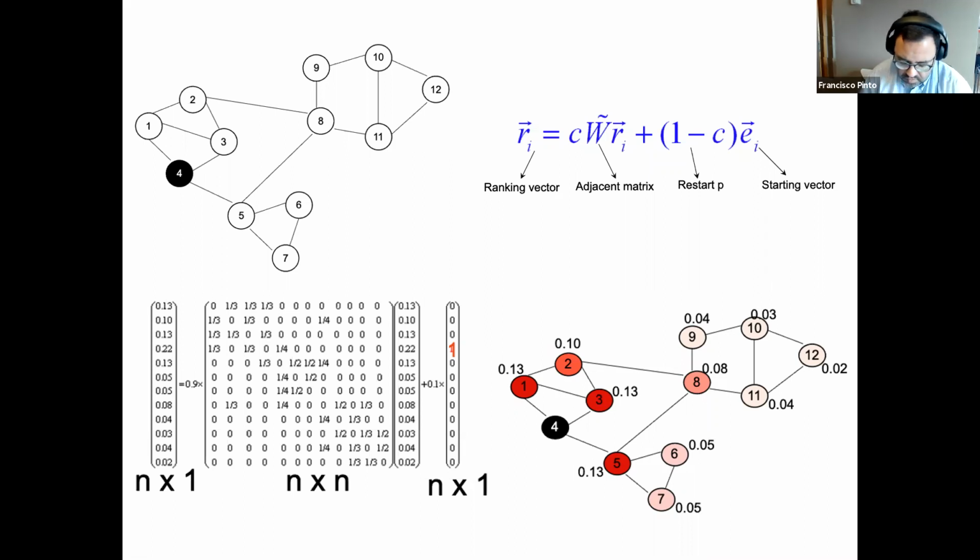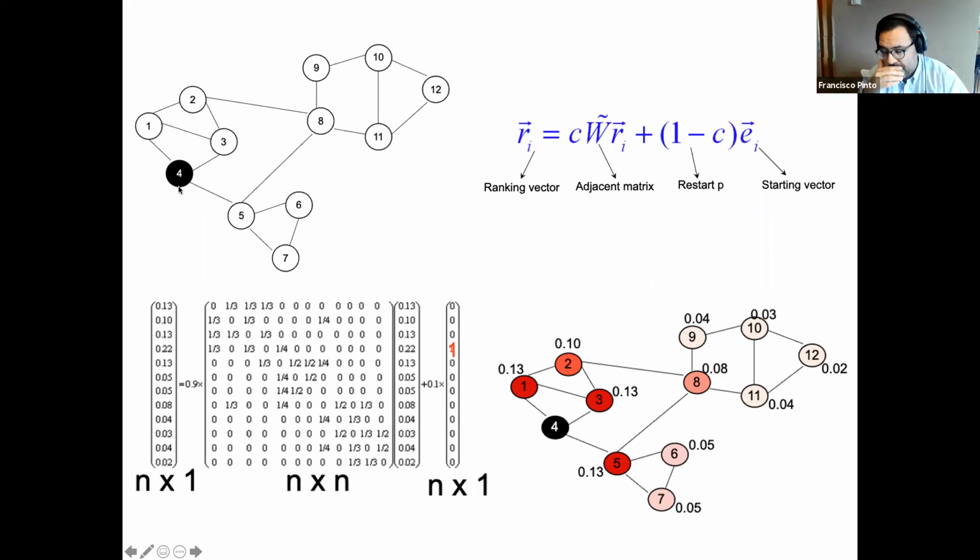In the beginning, you have to set a restart probability, and imagine that you have a restart probability of 0.5. So 50% of chances are that at any point in the random walk, you get back to the origin of the walk. So you start in 4, and you have 50% probability of keeping in place in the 4, and the other 50% are distributed equally by the 3 possible neighbors.